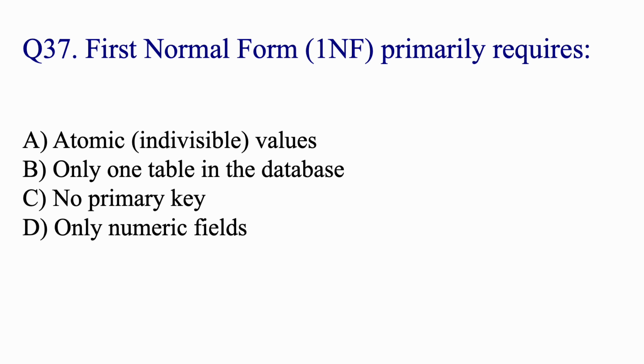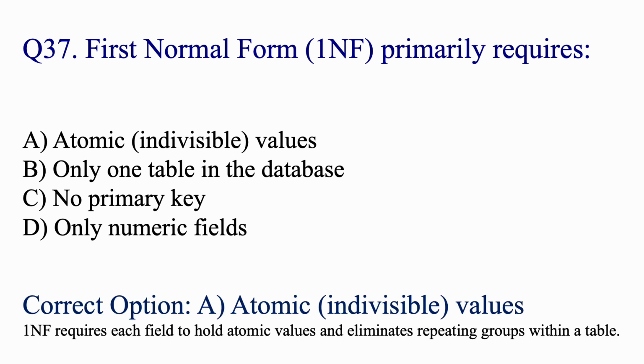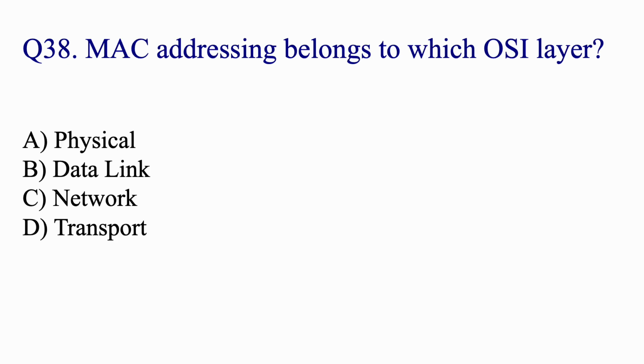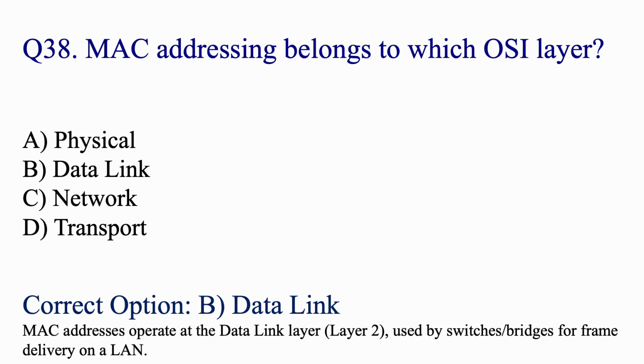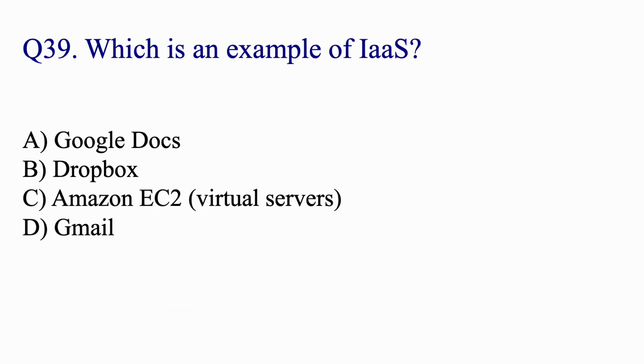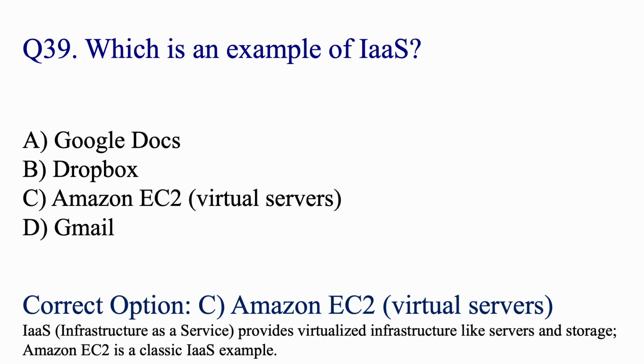First normal form, 1NF, primarily requires atomic or indivisible values. MAC addressing belongs to which OSI layer? Data link. Which is an example of IaaS, infrastructure as a service? Amazon EC2 virtual servers.